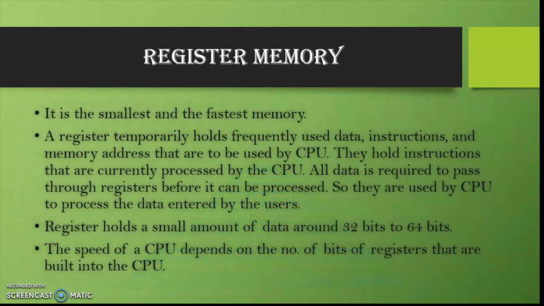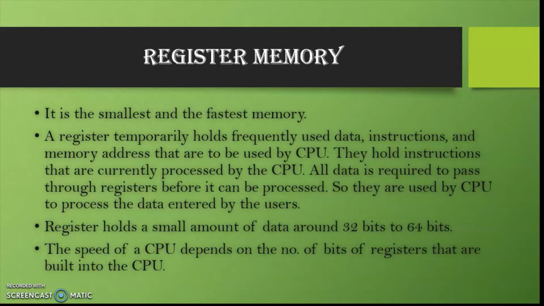Under memory hierarchy, it has register memory. It is the smallest and the fastest memory. A register temporarily holds frequently used data, instructions, and memory addresses that are to be used by the CPU. They hold instructions that are currently processed by the CPU.